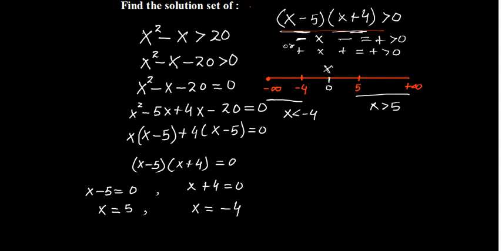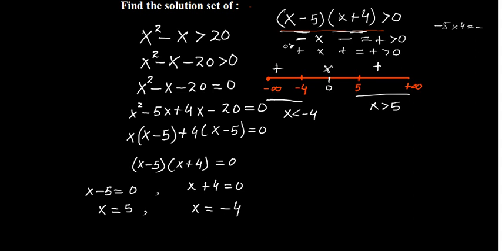If I pick x equal to 0 and replace it over here, that becomes minus 5 times 4. It gives us a negative value. We don't need a negative value because negative is less than 0, so we don't need this region. We are just limited to these two regions, because both regions give us positive values.